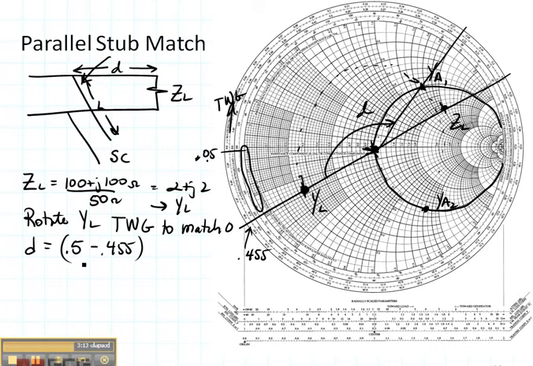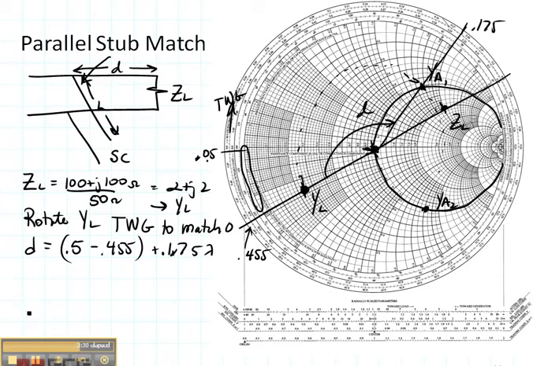So that's that one little piece. And then I'm going to add in this piece, which when this comes here, it's about 0.175 plus 0.175 wavelengths. I guess it's getting late. So that's my distance D.